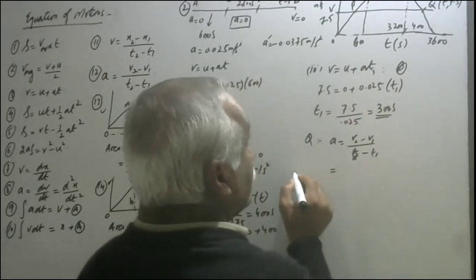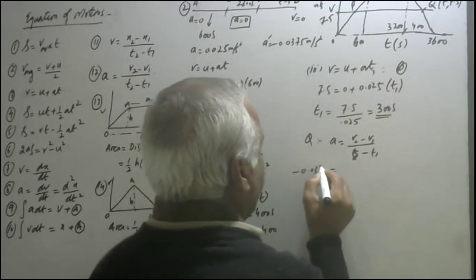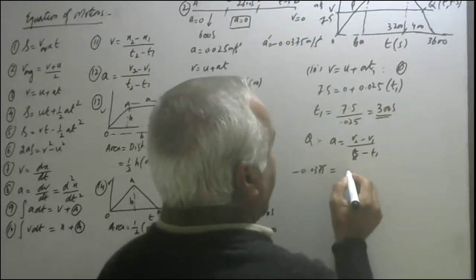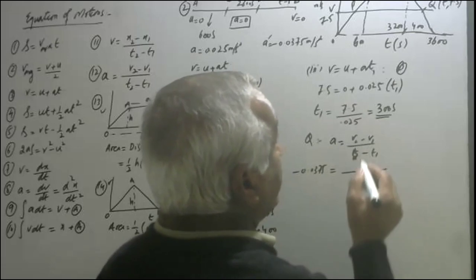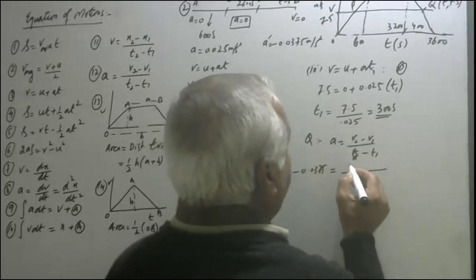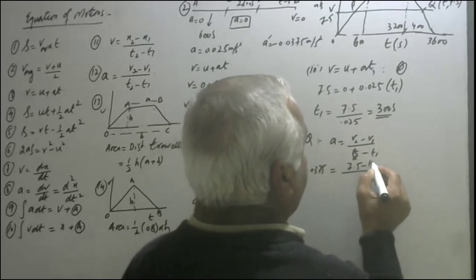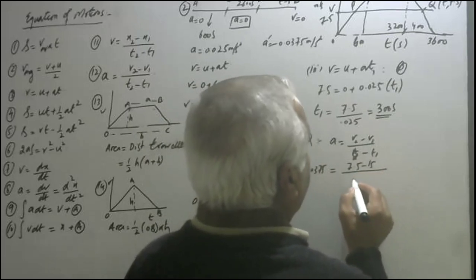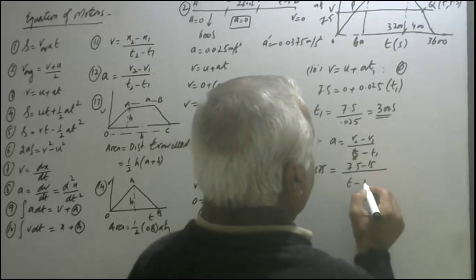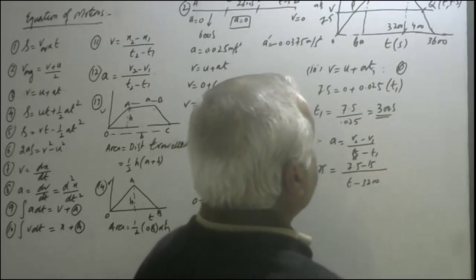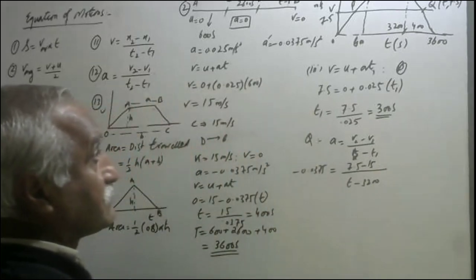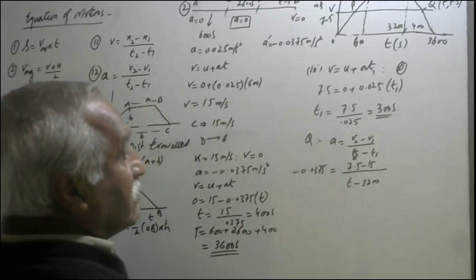Here acceleration is 0.0375, and V2 is 7.5 minus V1, which is 15, divided by time minus 3200.